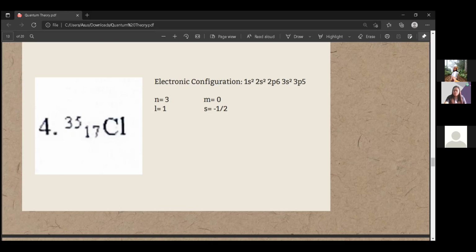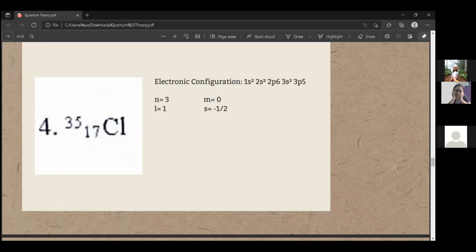We'll put 6 in the 2p orbital and then put the next 2 electrons in the 3s. Since 3s is now full, we'll move to the 3p where we'll place the remaining 5 electrons. So let's just add all the electrons to see if it is already equal to 17. Therefore, the chlorine electron configuration will be 1s2, 2s2, 2p6, 3s2, 3p5.